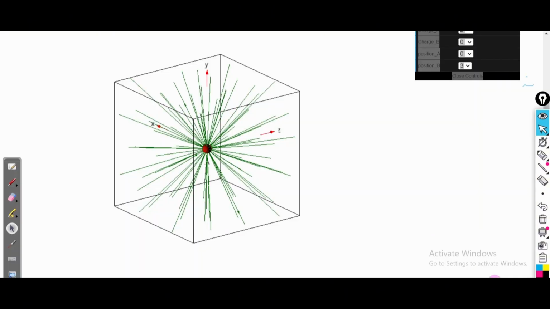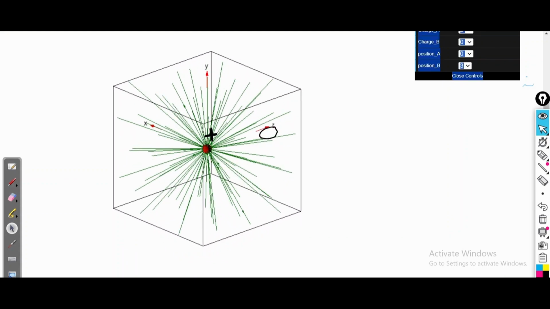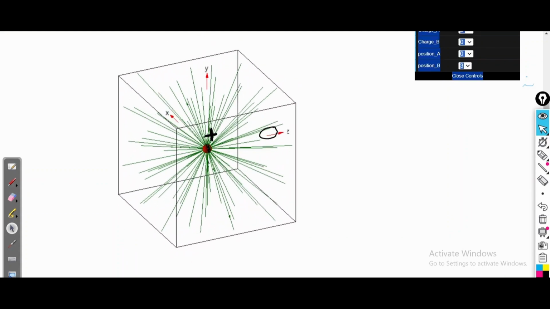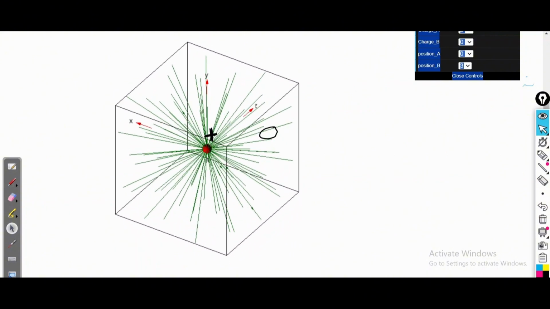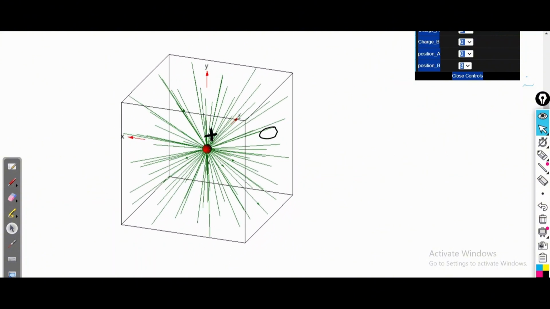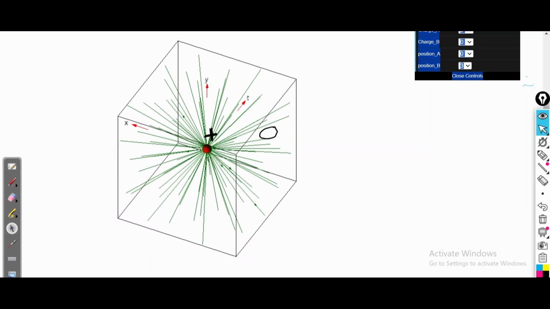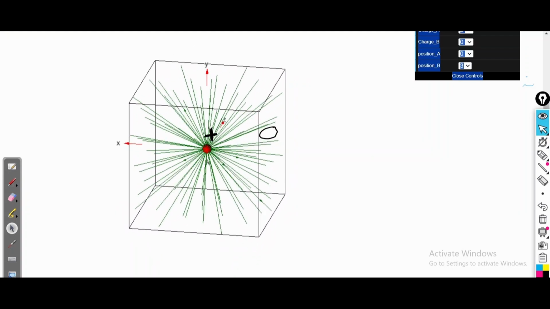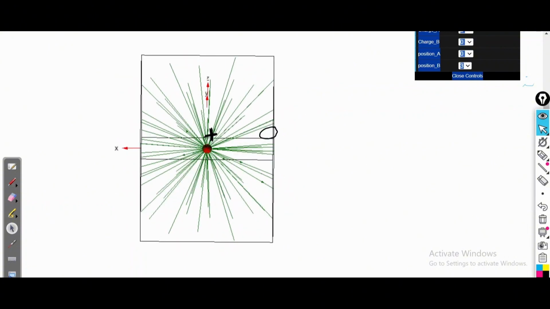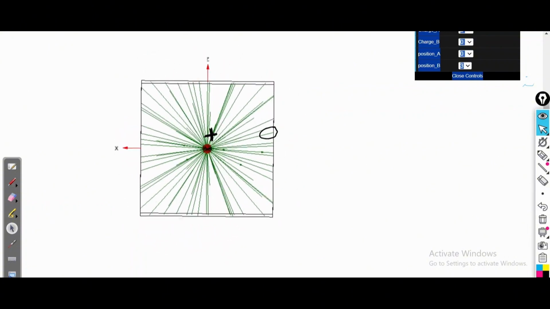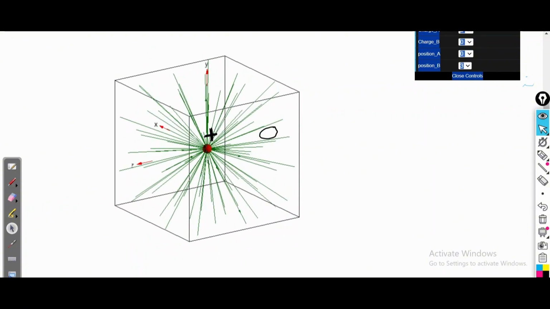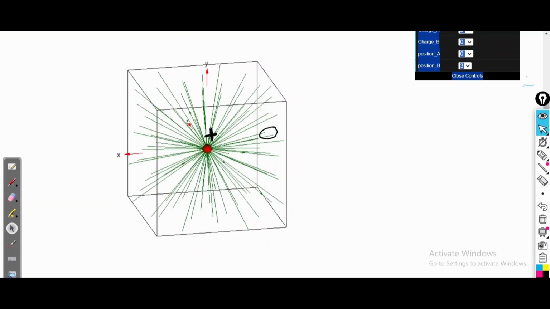So here is some advanced simulation. At the center there is a charge, and around it, radially outward in three dimensions, the lines are originating. These lines originate from this positive charge in three dimensions, not in two dimensions.